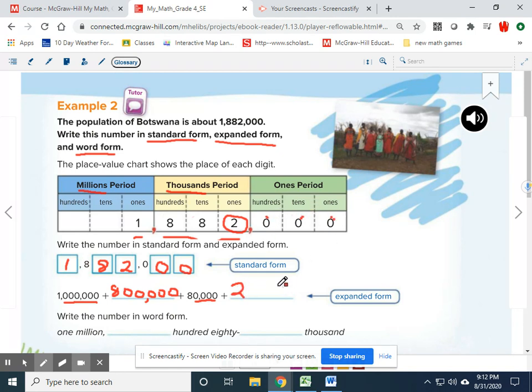There are 3 spots, so I would put 1, 2, 3 with my comma. Now, you might say, well, I've got to keep going. And normally we would. But today, since all these next spots are all zeros, and we know that zeros have very little value, my expanded form is 1 million plus 800,000 plus 80,000 plus 2,000. Okay?